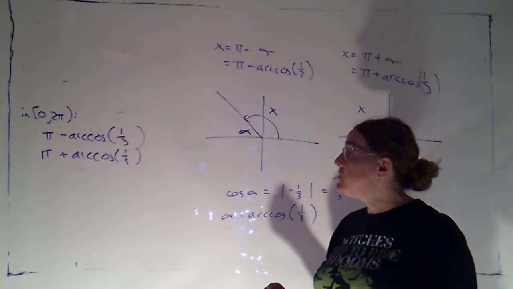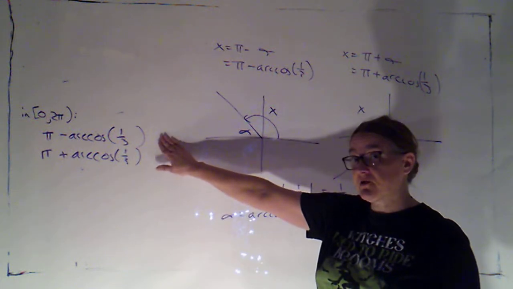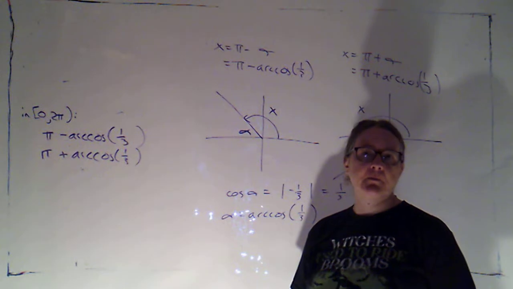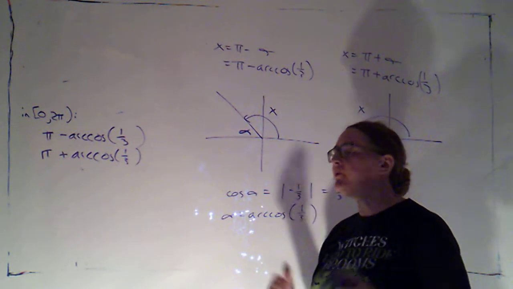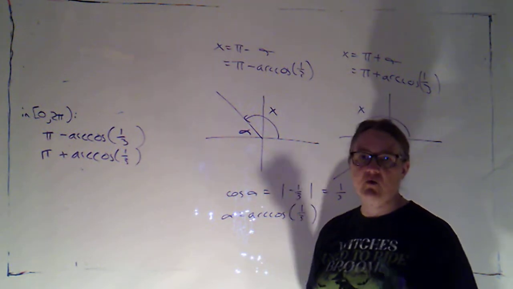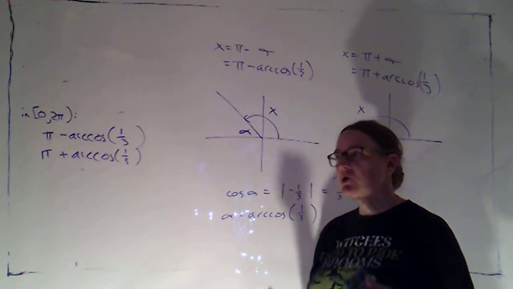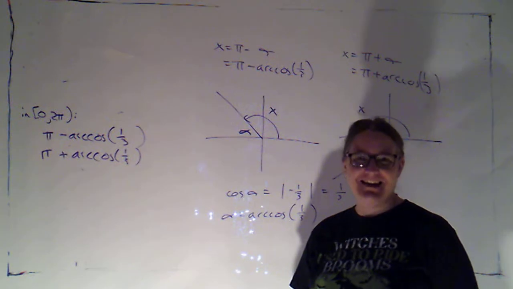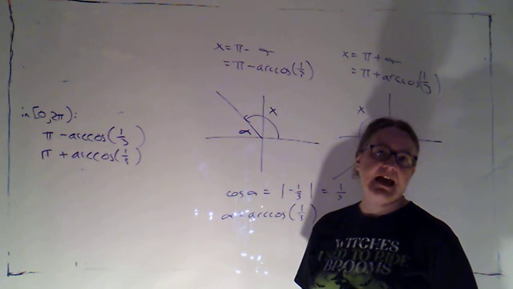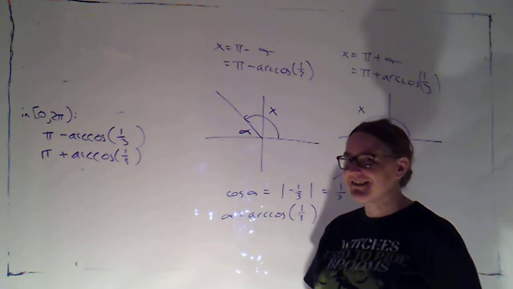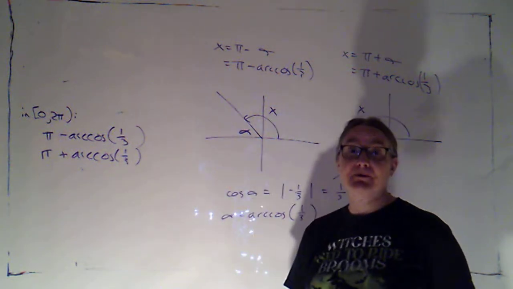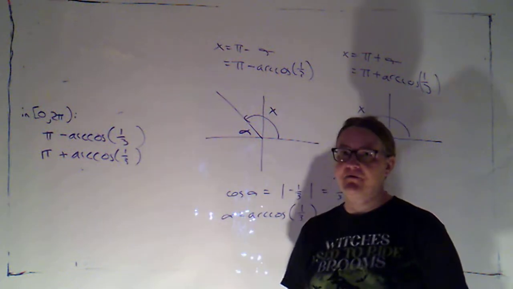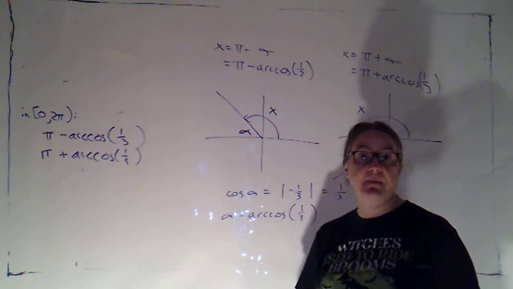One is you can use a calculator to plug in your answer and plug in the book's answer. If you get the same decimal approximation, they were probably just equivalent ways of describing the same angle. Two, you can look at those angles and see if you can figure out why they're actually the same. Three, you're welcome to ask me. But I just want to give you a heads up that you might do these problems correctly and your answer doesn't match the way it's given in the back of the book. Doesn't necessarily mean you've done things wrong.